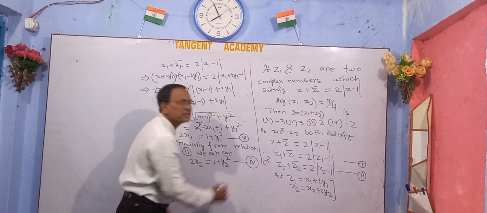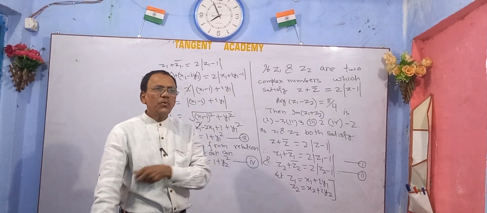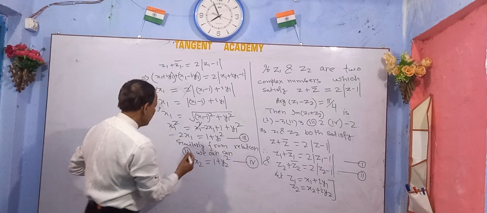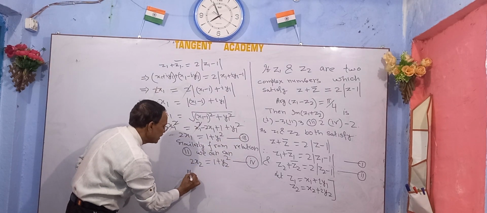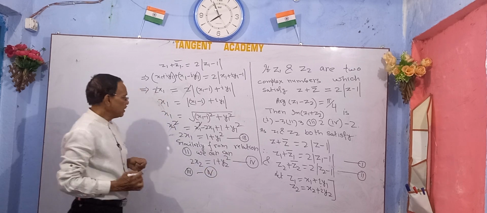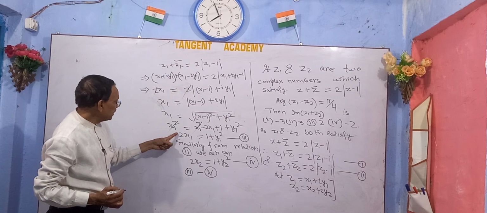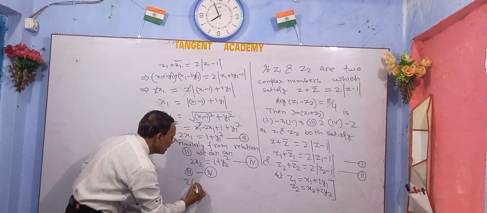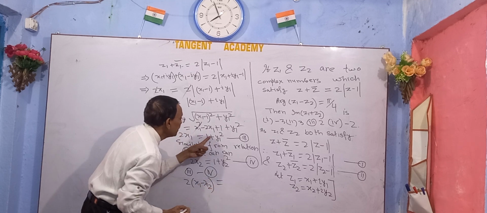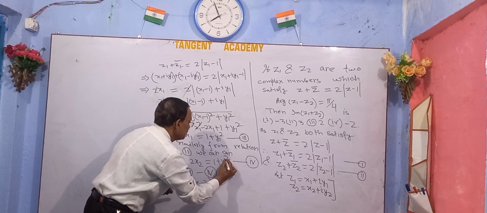Let us denote this as relation 4. Now we will subtract relation 4 from relation 3. Let us see what happens. So 2 times x1 minus x2 gives 1 plus y1 square minus 1 plus y2 square.